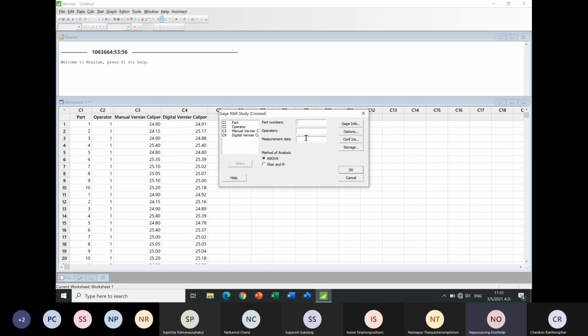So if he wants to measure that part again for the second time, he cannot use that same part anymore, because it has broken already. So he has to take a new part to measure for the second time. So this is called destructive test.